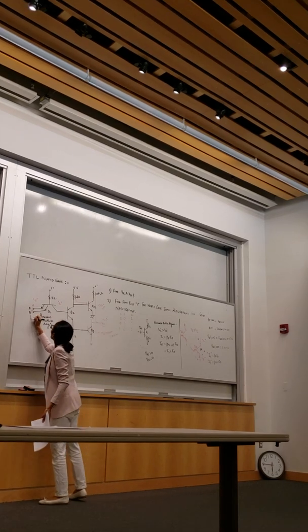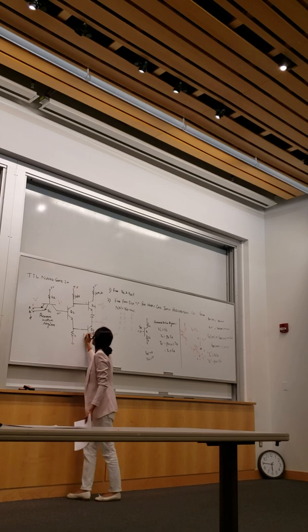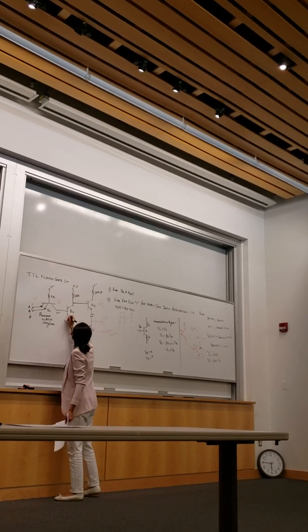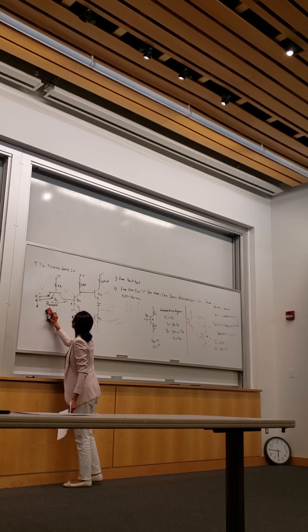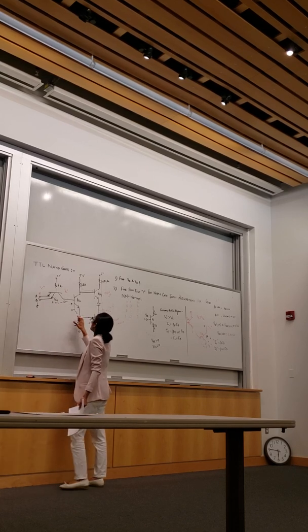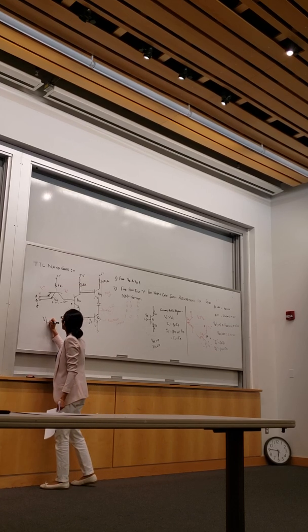So one of them is low, right? It's gonna turn this off and this off. So 0.5 here, 0.5 here, 0.2 here, right? Because this is in saturation region. So that's 1 minus 0.2, that's gonna be 0.8, right? So your VIL is 0.8.